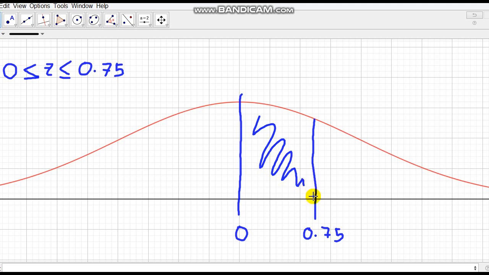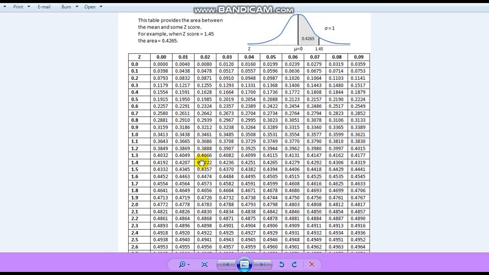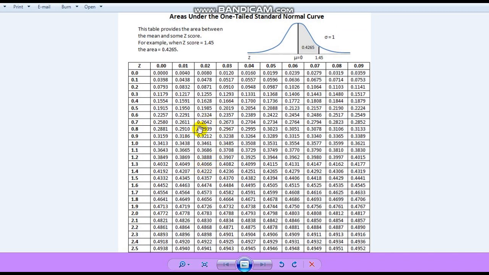We can get this using the normal curve table. So this is the table of areas under the normal curve. We look at 0.75. We have 0.7 right here, then we go towards 0.05. So this is 0.75. That is 0.2734.